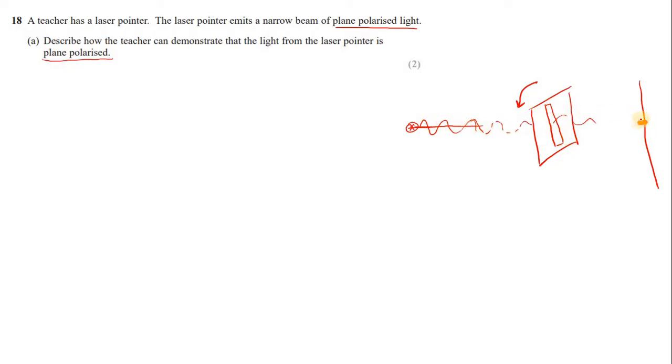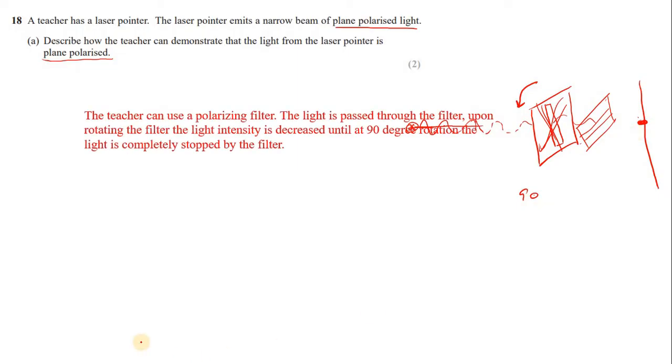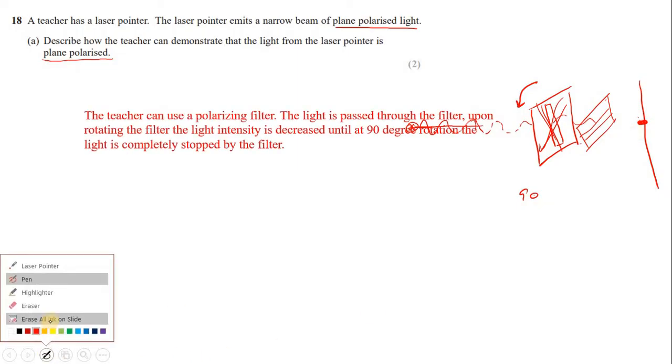It is going to decrease until the filter is rotated to 90 degrees. If the filter is at 90 degrees, the filter plane and the plane of oscillation are perpendicular, so no light is passed, so we will have no light. So intensity decreases as you rotate the filter, and the teacher can use that. Let me erase this so that you can read.